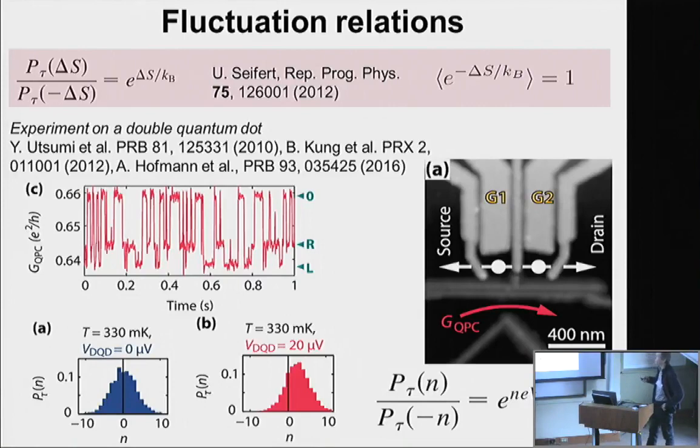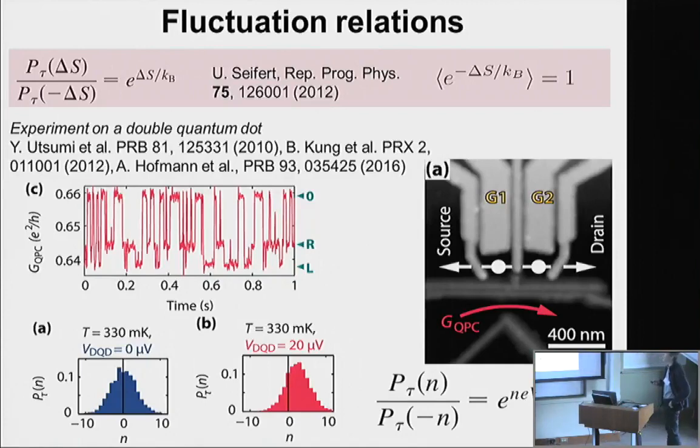This is something that one can do in repeated experiments. You monitor the system over time tau, and you find out how much entropy is created in this process. And of course, there is a corollary of this, which is a simple exponent of the entropy, which averages in many experiments to 1.